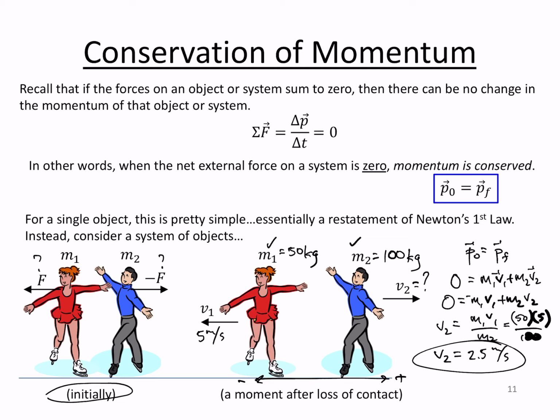And that means that this condition that's necessary for momentum to be conserved would no longer be met. So yes, this kind of physics for this kind of situation is perfect for predicting his initial velocity as he moves away, but is not so good about predicting what happens next.